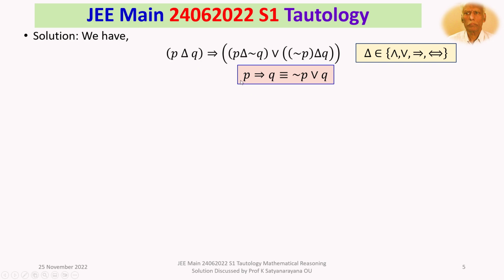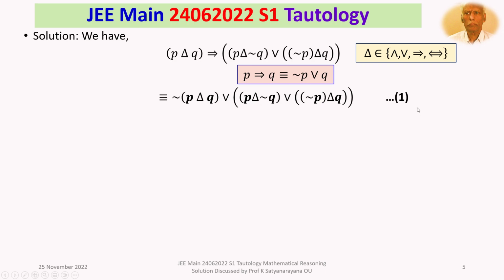Now P implies Q is equivalent to not P or Q. So we apply this here. That is equivalent to negation of (P delta Q) or (P delta negation of Q) or (negation of P delta Q).